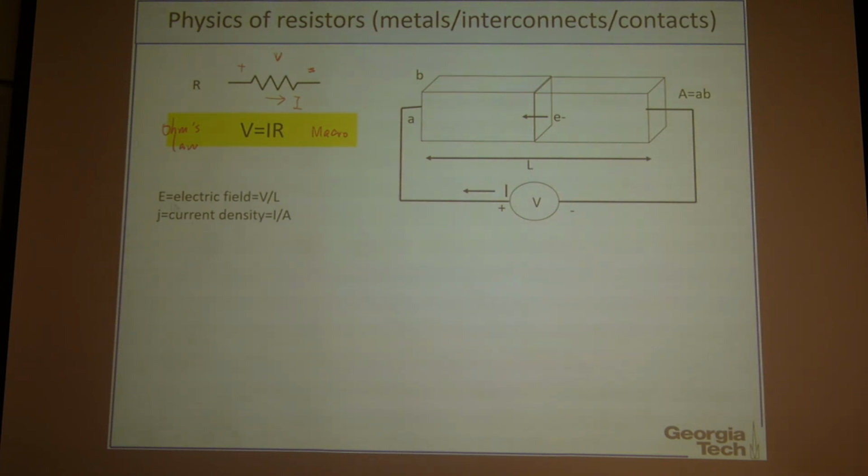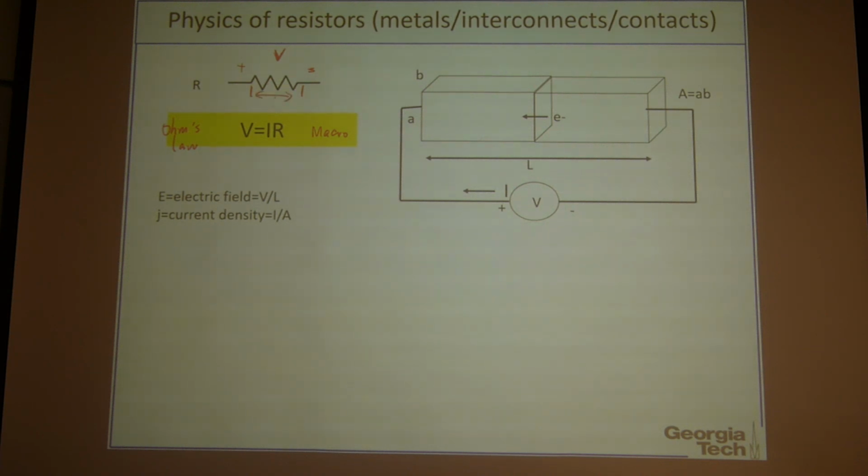First of all, the electric field, by definition, across this resistor is defined as the voltage across this distance.